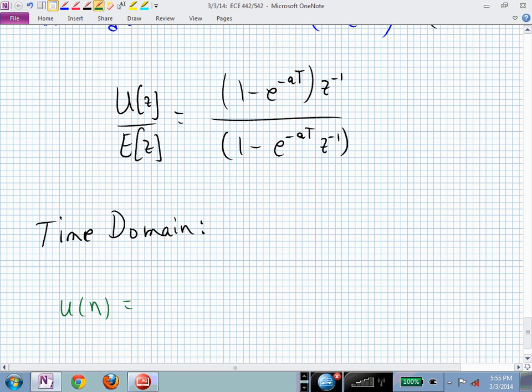And so now I have an e to the minus aT z to the minus 1 with a minus sign on the left. I want to move that to the right-hand side of the equality. So I add that to both sides. I now have e to the minus aT times u one time step earlier. And what do I have now for the input term or terms?